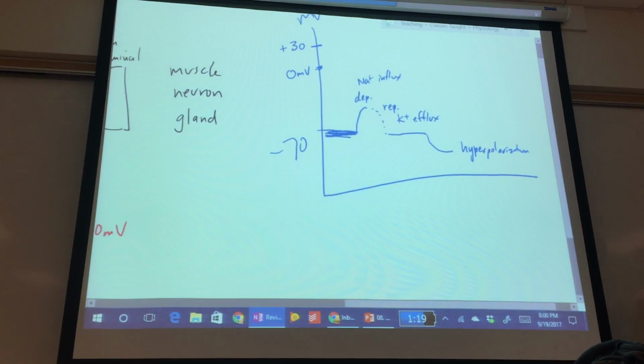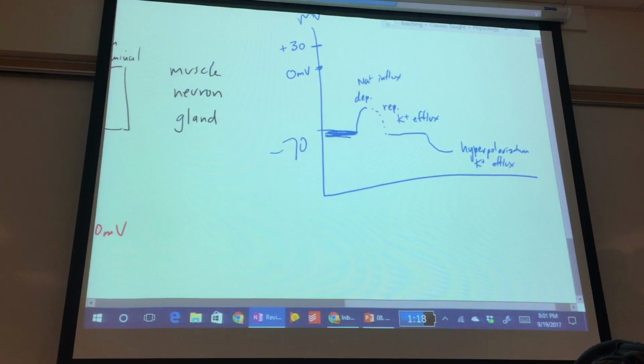Next group. What is the ion that causes hyperpolarization? Potassium. That's not fair because that's on the quiz and I gave you guys the answers on this. So hyperpolarization is potassium also moving out. You have a positive ion leaving an already negative cell, making it more negative.